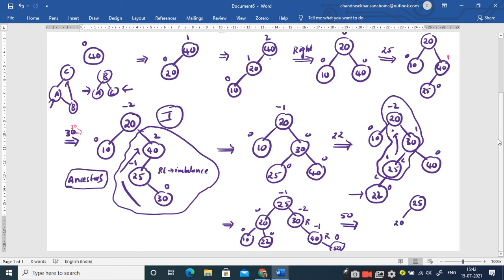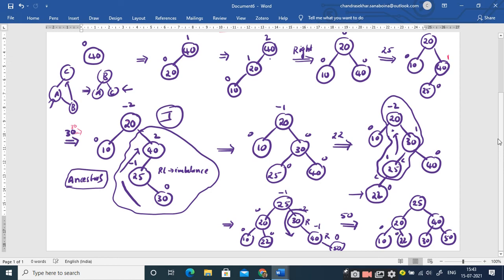So what is the final AVL tree that is constructed here? 25 remains the same, 20 remains the same, 10 remains the same, 22 remains the same. And what happens to this 30, 40 and 50? I should apply the left rotation. So when I apply the left rotation, 40 becomes the root here, 30 becomes the left child of 40 and 50 becomes the right child of 40.